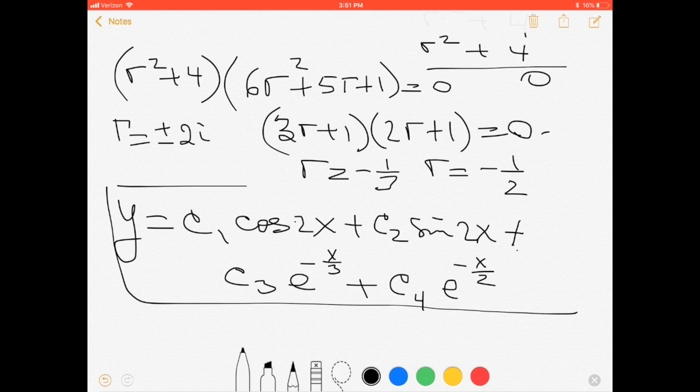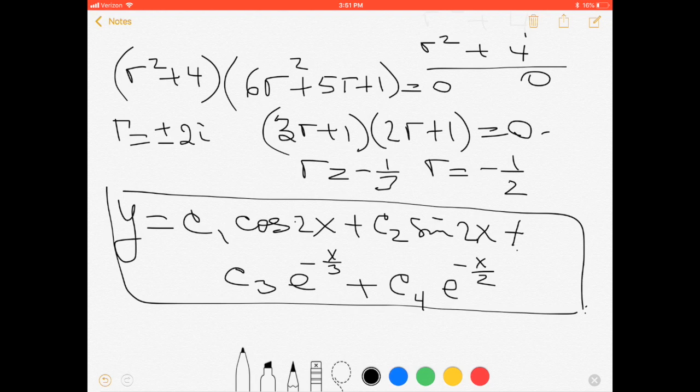This is your general solution for this homogeneous equation.